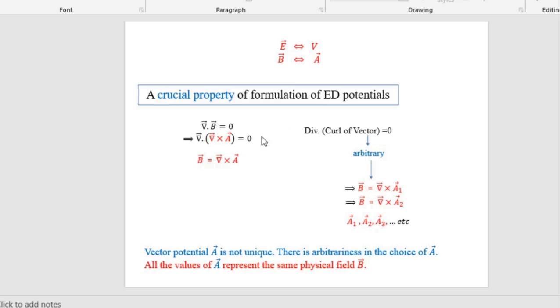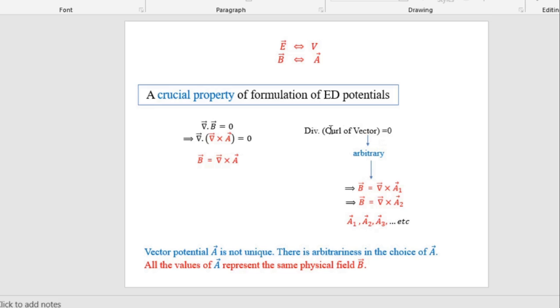Let us first consider the formulation of the vector potential A. We have defined this vector potential A by the relation B is equal to curl of A, which is derived from the equation divergence of B is equal to 0, following the principle that divergence of curl of a vector is equal to 0.